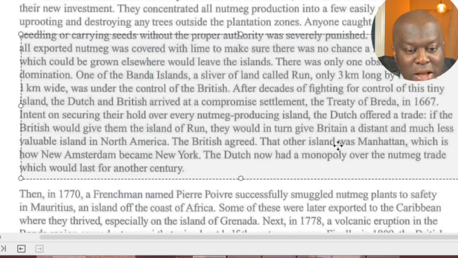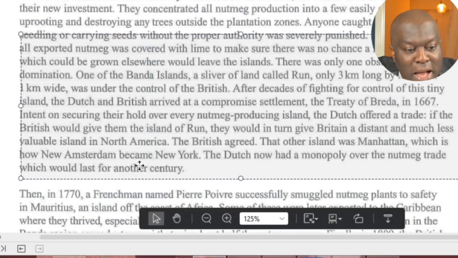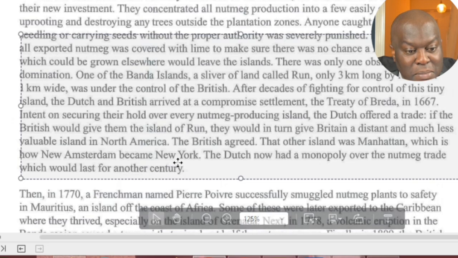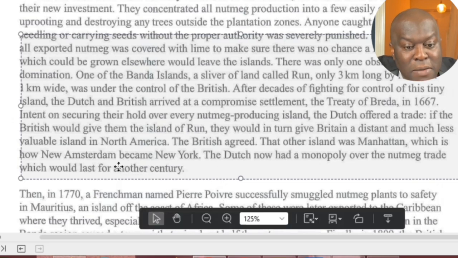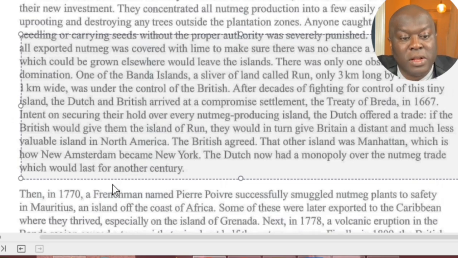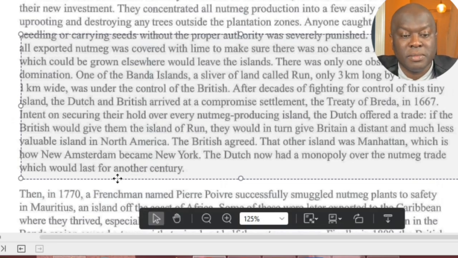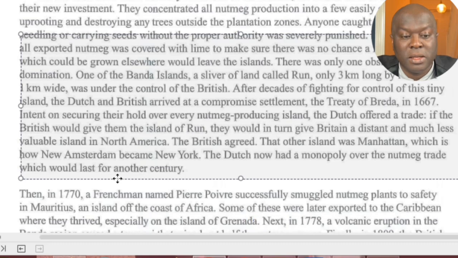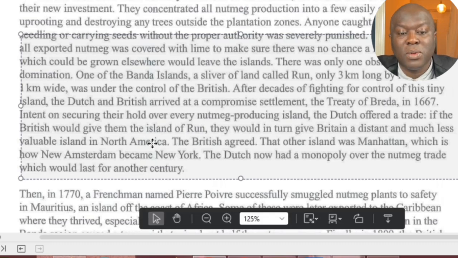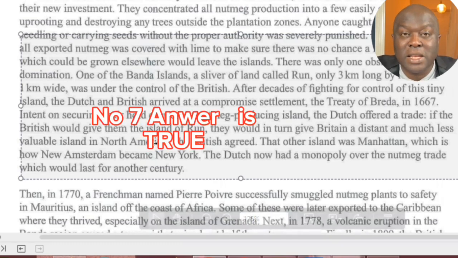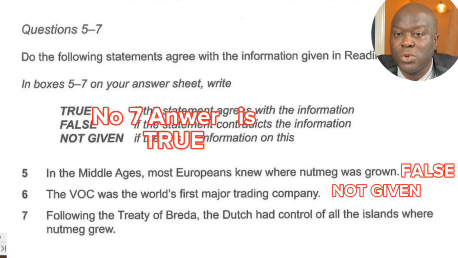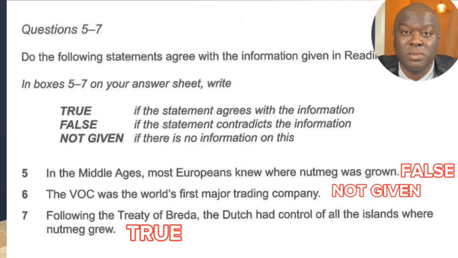The other island was Manhattan, which is now New Amsterdam. Amsterdam became New York. The Dutch now had a monopoly over the nutmeg trade, which would last for another century. Because they offered another island, the Dutch had control, so it means it is true.